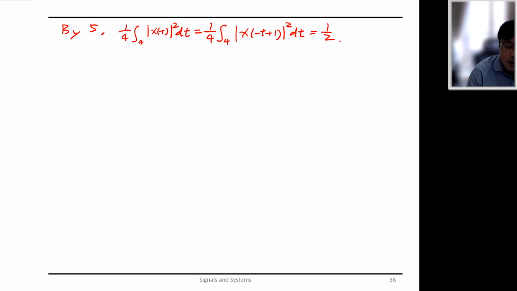So by Parseval's theorem, we know that the average power over one period is equal to the sum of the power of all of the harmonic components.